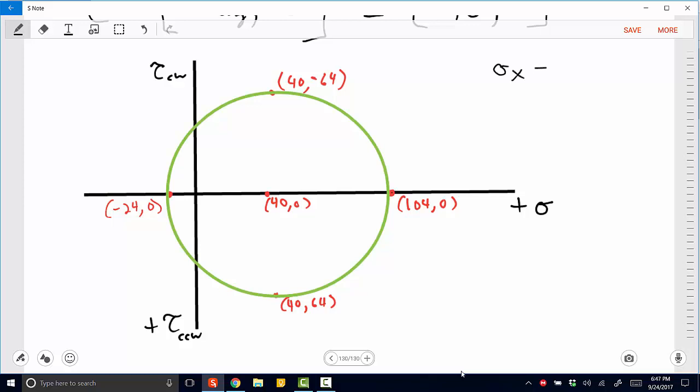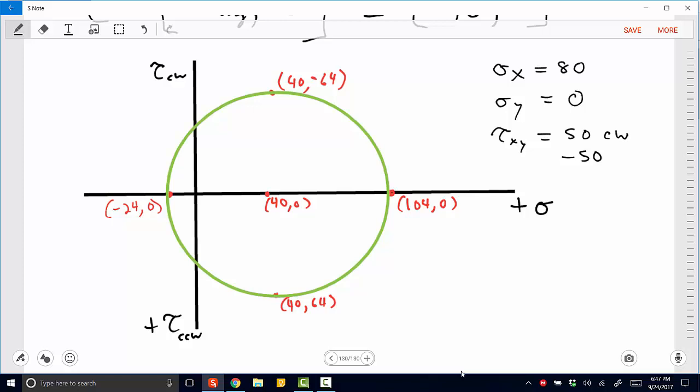We have sigma x being 80, sigma y being 0, and tau xy is equal to 50 clockwise, or we can just say negative 50, right? So let's look. If sigma x is 80, then we should be somewhere over here.